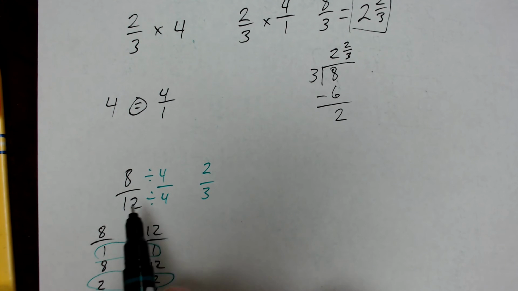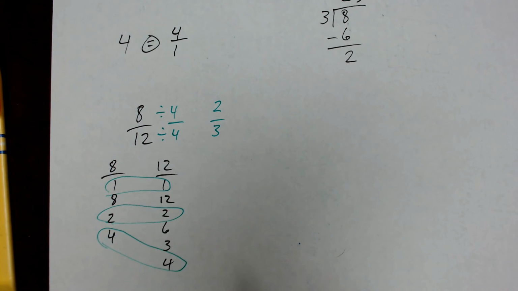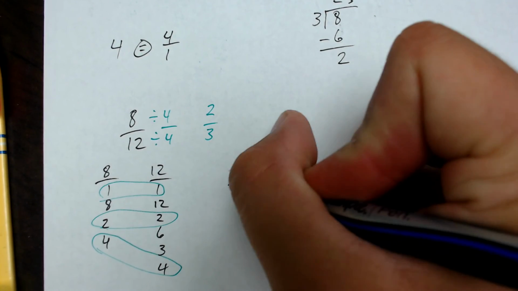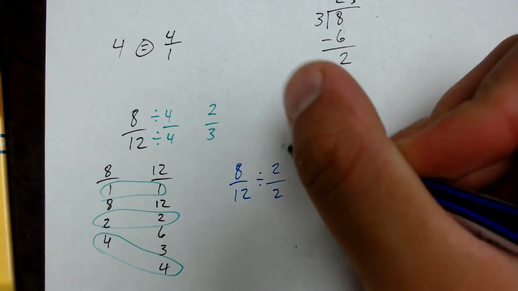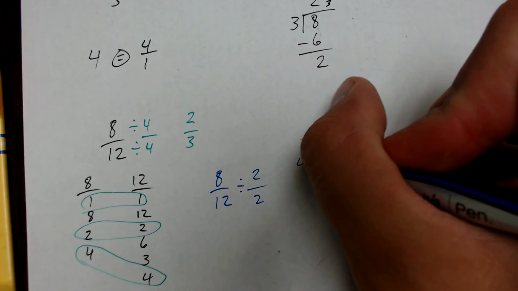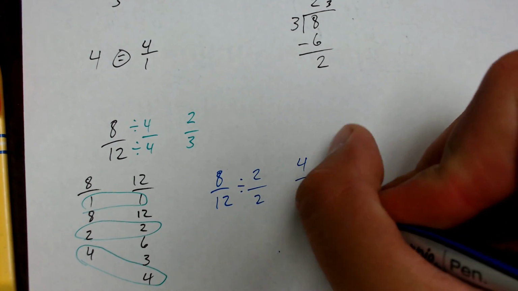Right? Now you won't always have to only do this once. Now notice I picked the greatest common factor for this fraction. What if I'd picked something else like 2? I'm obviously not going to pick 1 because that's not going to reduce anything, but let's say I picked 2. So let's say I had 8 over 12 and I divided each side by 2. Right? 8 divided by 2 gives me 4. 12 divided by 2 gives me 6.